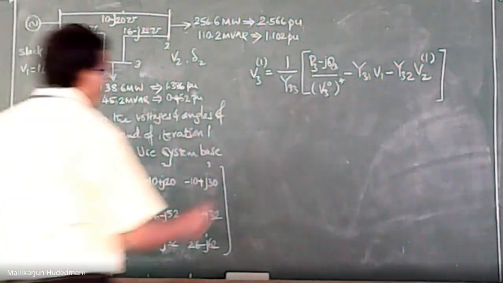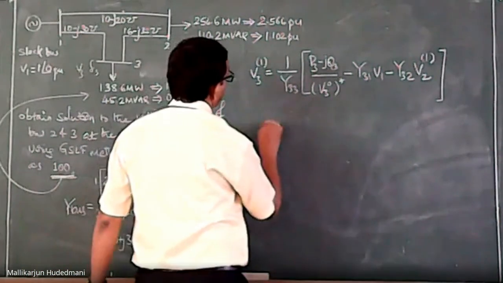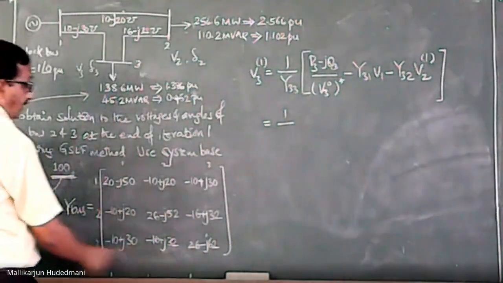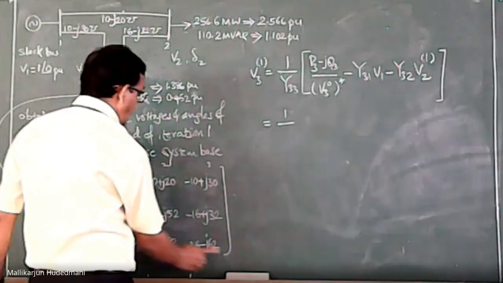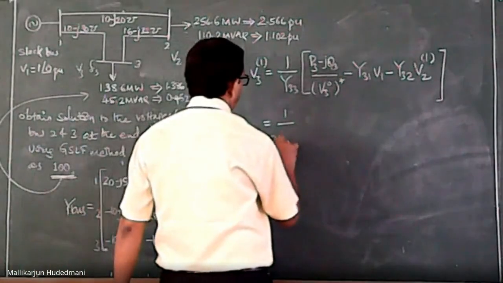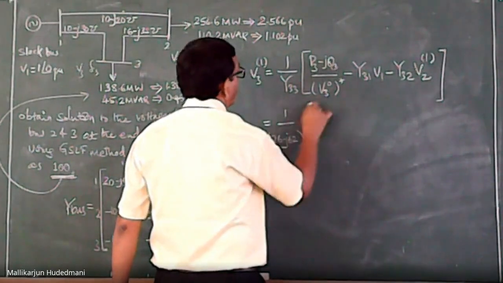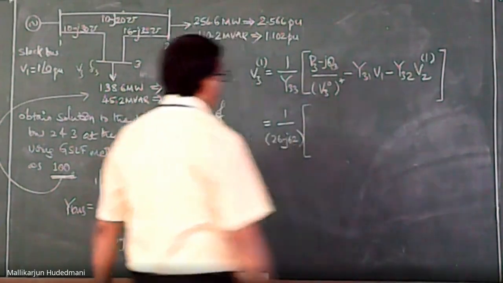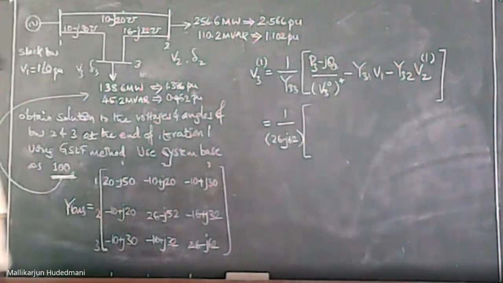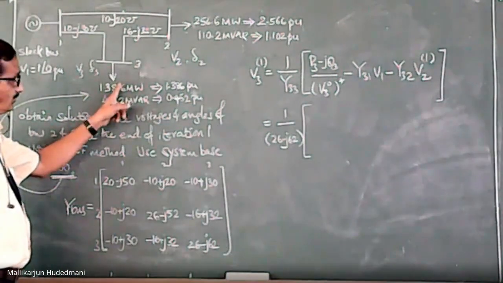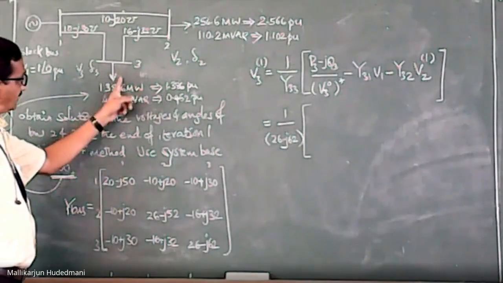So if I substitute the values, this is 1 divided by Y33. What is Y33? The value of the 3-3 element is 26 minus j62, inside the bracket. What is P3, Q3 for me? Is it a load or generator? Load. Is there a generator?